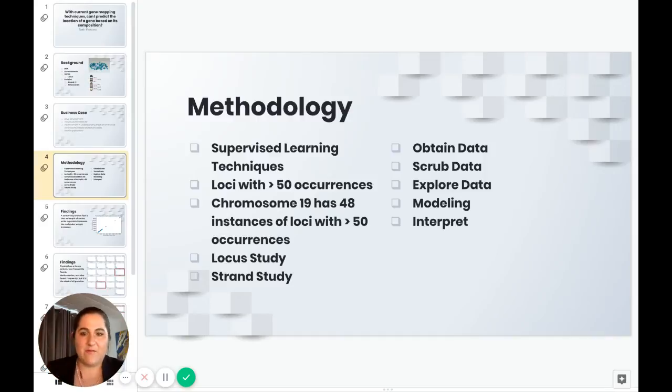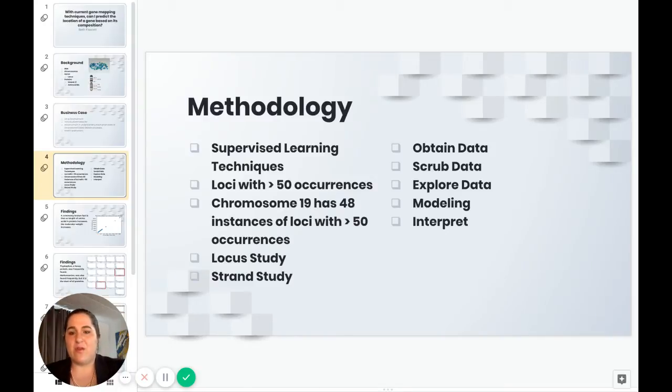For the purposes of my study, I used a supervised learning technique, which basically just means all of my data was labeled. Whenever I went into the study, I knew exactly where that gene was located, and then I let my model predict it, and then I cross-checked between them.